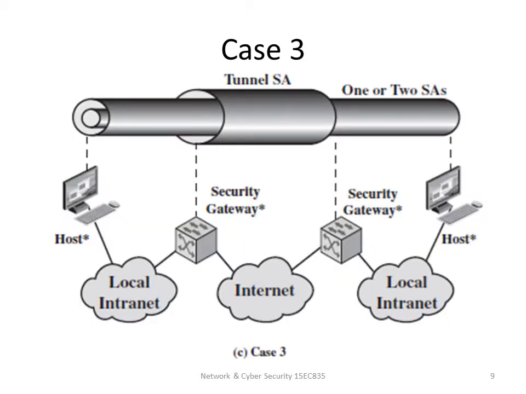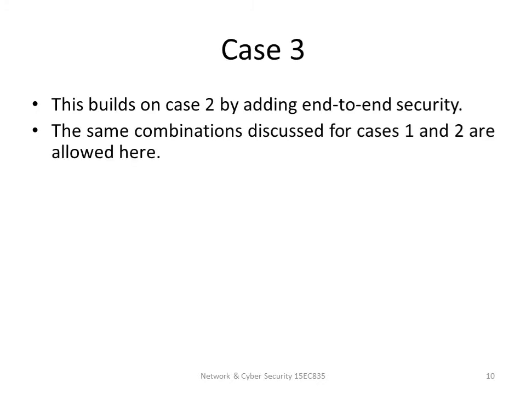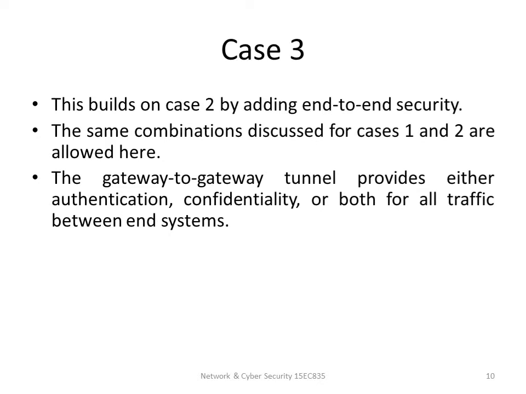This is case 3, where we can see that the logical layer is built upon case 2, that is, there is a security bundle between the gateways and also case 1, that is, between the end systems. So as can be seen, case 3 is built on case 2 by adding end-to-end security as in case 1. The same combinations discussed for case 1 and case 2 are allowed here.